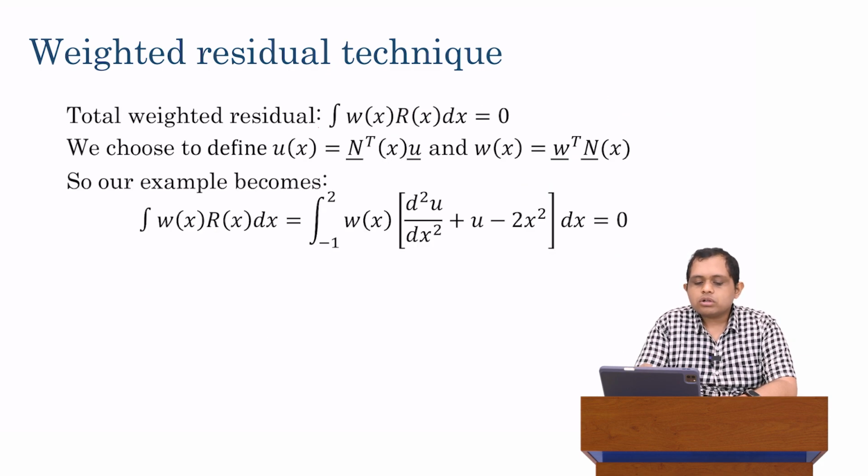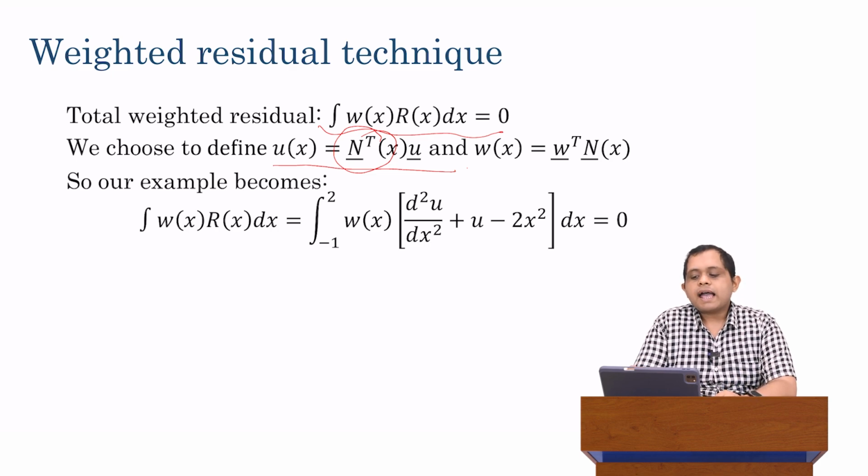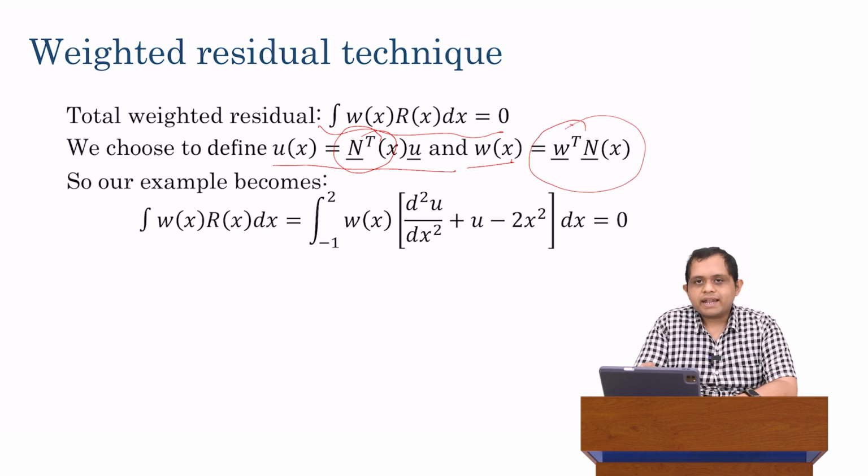Okay, so continuing on, we assume that the total weighted residual, this integral of wr dx, is equal to 0, where we choose u of x is equal to n transpose u, where n transpose is an arbitrary shape function that we decide, and u is the solution at the nodes. And similarly, we choose that w is w transpose into n, where n is the same set of shape functions.